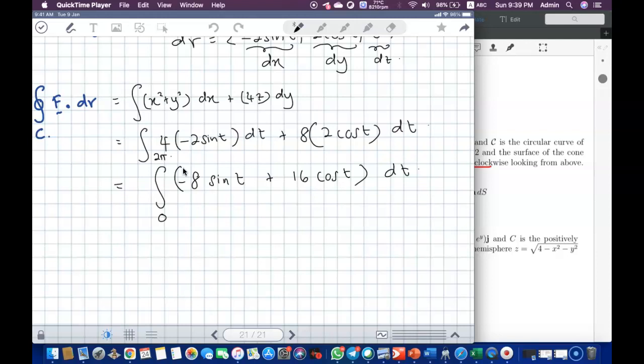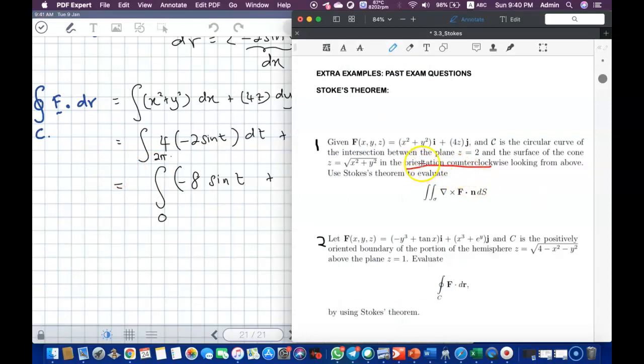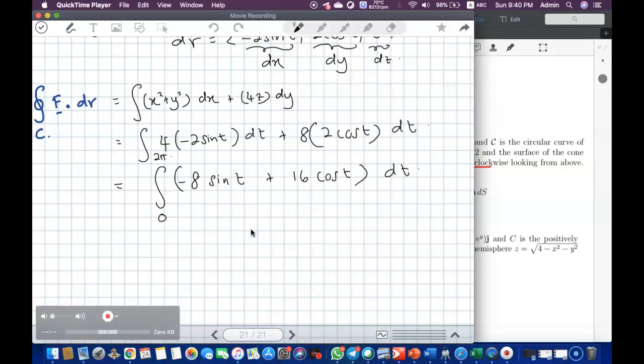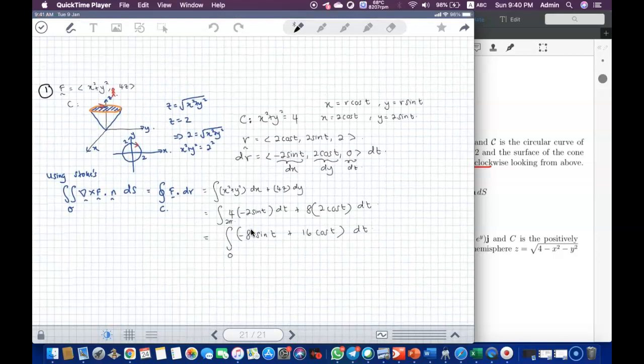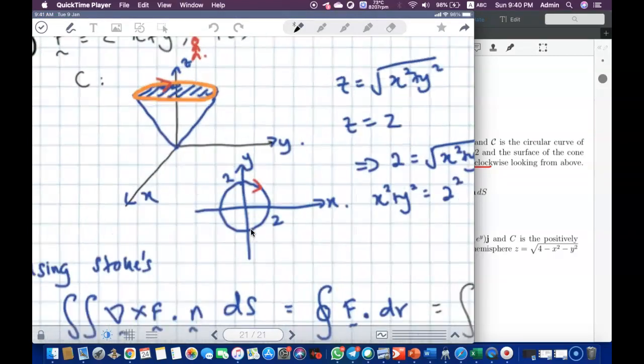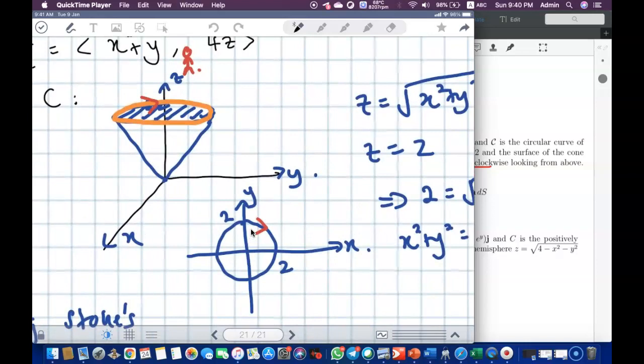But this one, that one is anti-clockwise, right? Okay, so when I read again the instruction here, orientation counter clockwise, which means anti-clockwise. Sorry about that. So I have to correct this one. So it should be anti-clockwise direction.